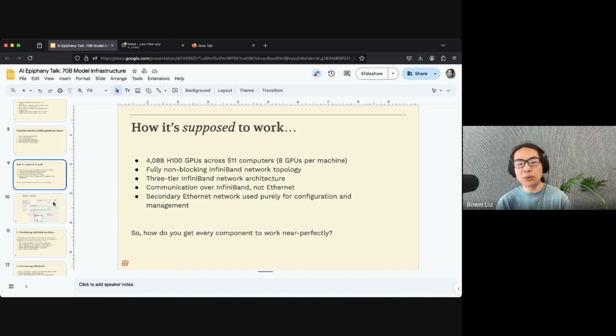Instead, each GPU has its own 400 gigabit dedicated cable that goes up into a switch. All these 4,000 GPUs are networked together in the InfiniBand network architecture, which is a separate network from the Ethernet. The Ethernet is what we use to SSH and pass around the training data.